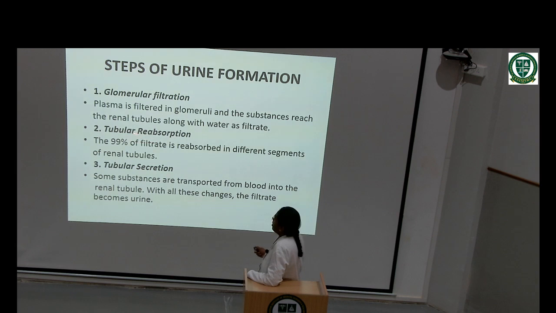Second is tubular reabsorption. 99% of the filtrate is reabsorbed in different segments of the renal tubules. Secretion is when some unwanted substances are transported from the blood into the renal tubule. With all these changes, the filtrate becomes urine.